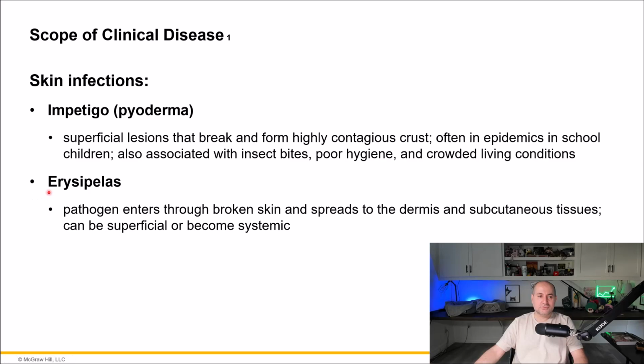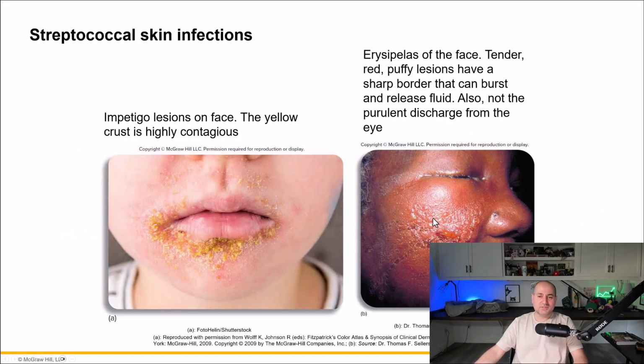It can also form erysipelas, which is when the pathogen enters through broken skin and spreads to the dermis, in the skin, and subcutaneous tissues. This can be superficial or even go systemic. And here you can see it breaking through the skin and going down into those subtissues.